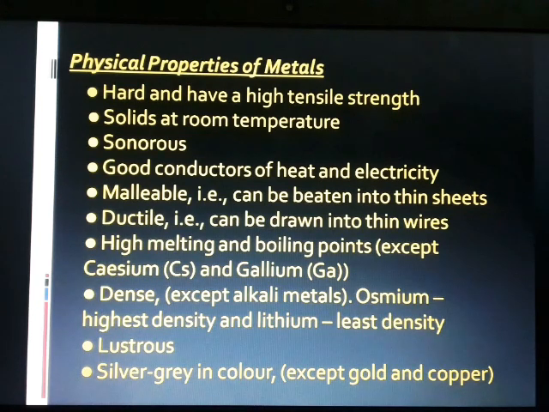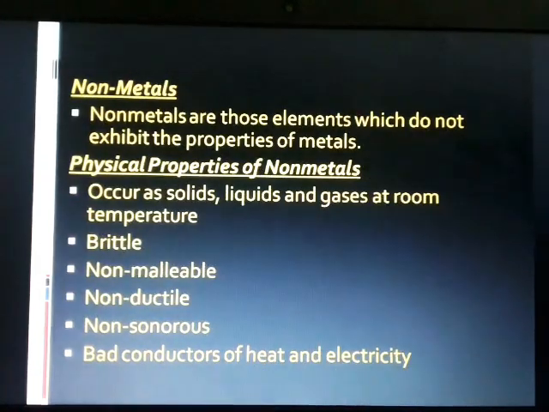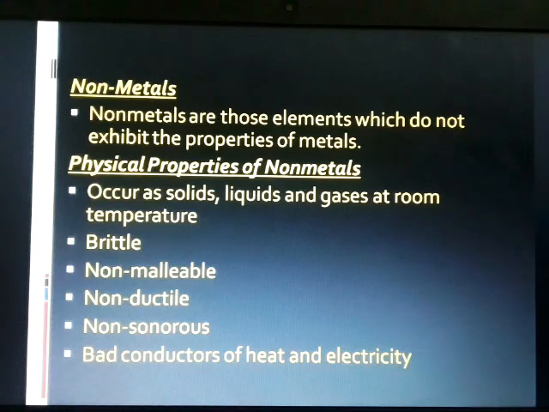And next is lustrous. Lustrous means shining. And finally it is silver grey in color except gold and copper. Next is non-metals. Non-metals are not like metals; those which do not exhibit the properties of metals are called non-metals.